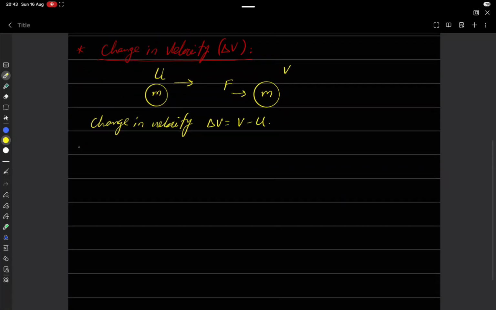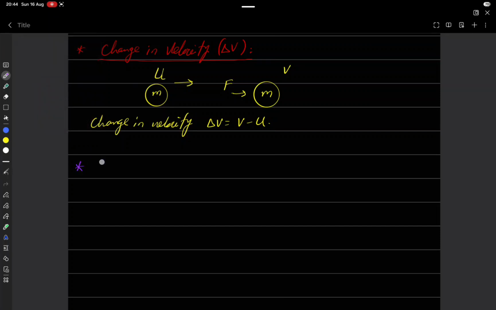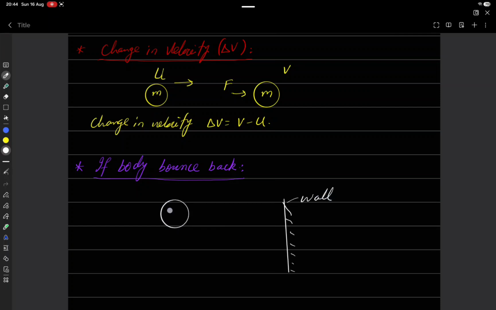Now what happens if the ball bounces back? If the body bounces back, suppose we have a wall, and a ball is moving with initial velocity u.